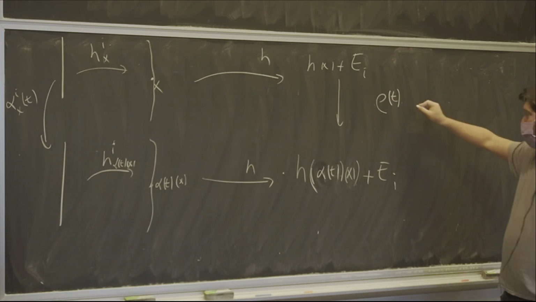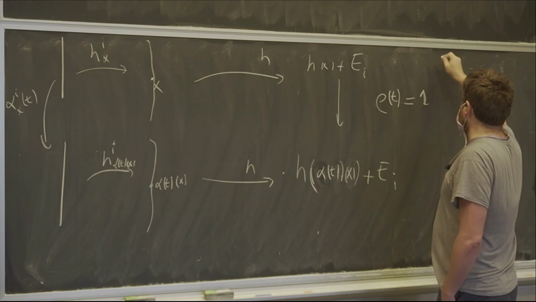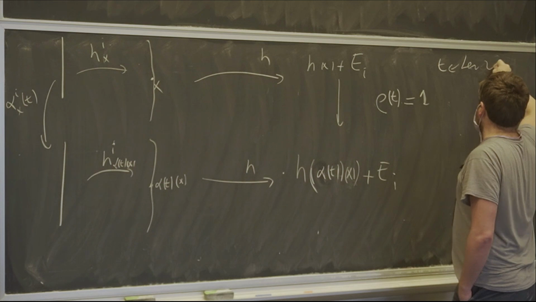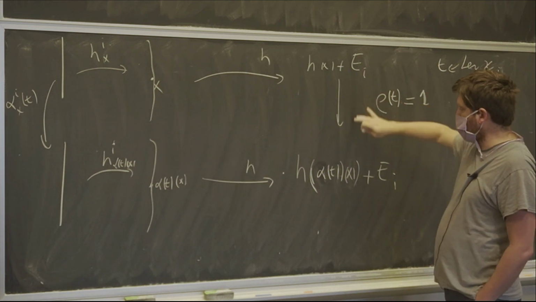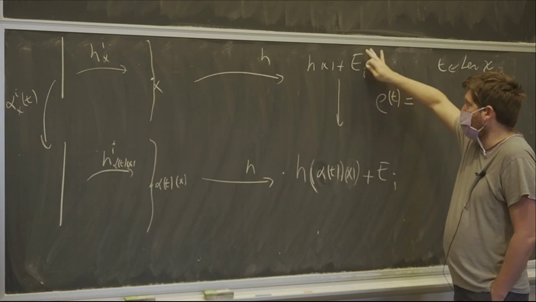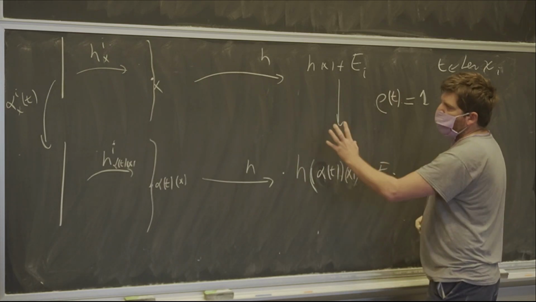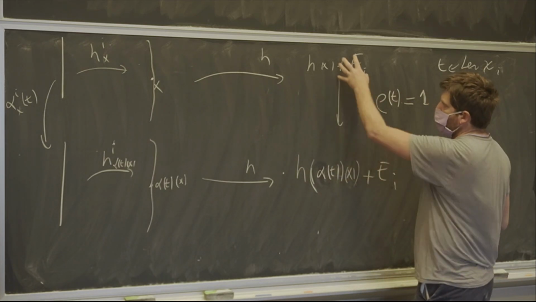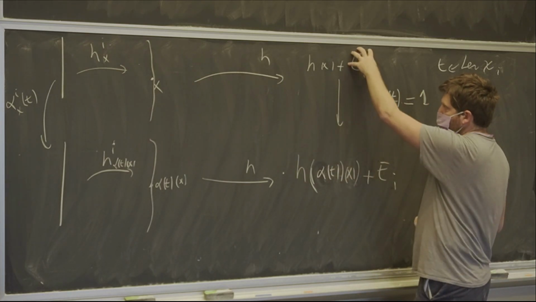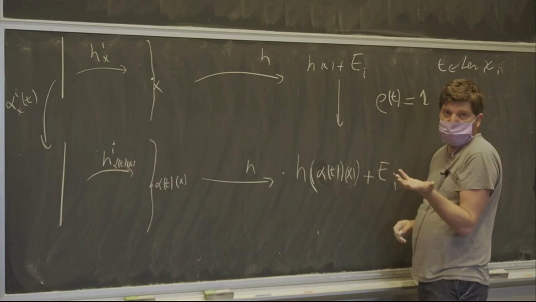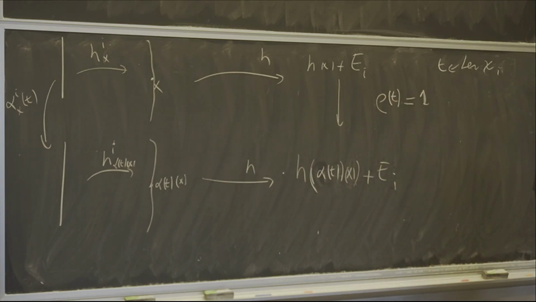But rho of t is 1, because I'm taking t in the kernel of chi pi. So this is an isometry. It's actually, if I use the hi accordingly, this map is just an identification of this AI with this other AI.